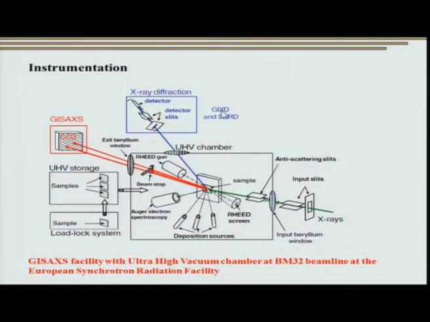And you see over here we have the normal grazing incidence X-ray diffraction, which is at a slightly higher angle, but the incidence for your grazing incidence small angle X-ray scattering is pretty small. They are not in the same line, but make a very small angle with the sample, right.